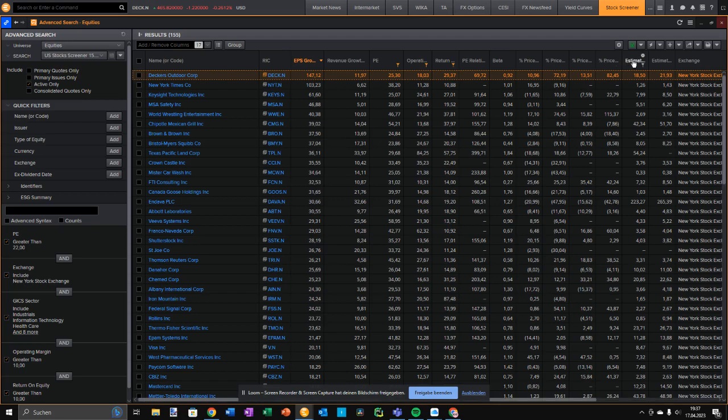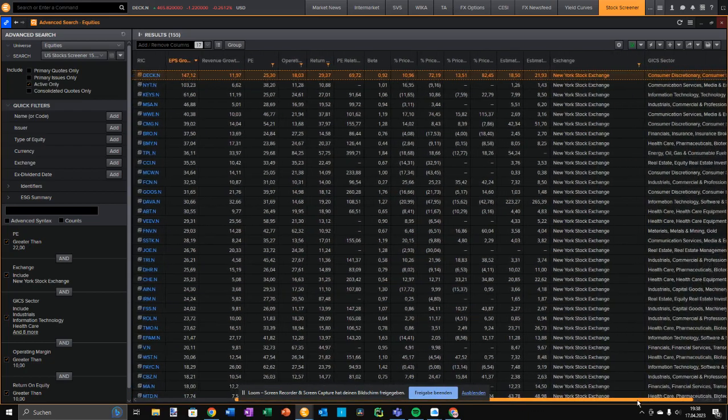Pretty easy to understand. Then we have the estimated earnings per share for the next fiscal year. And here I just want to see that this number is growing from year to year, because if the EPS is not growing, why should the stock price be going up? So this must be a growing number.